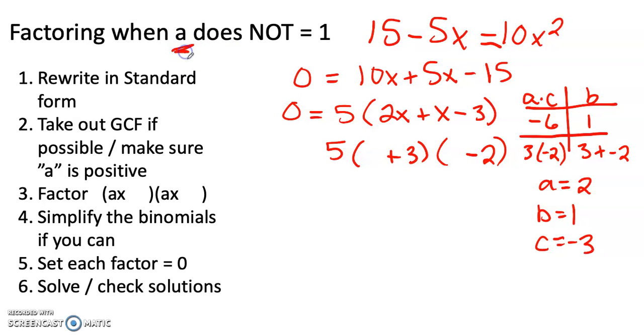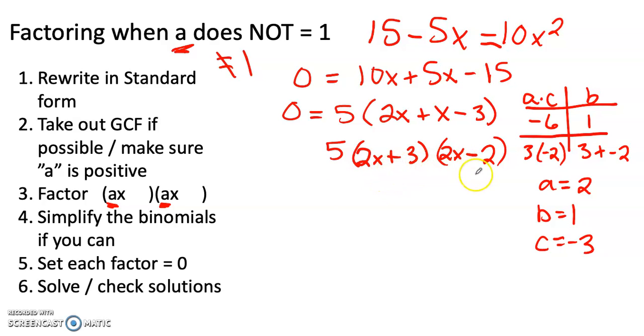When a does not equal 1, it's easier when you factor to keep the a in the binomial and then simplify the binomial if you can. So I'm going to keep a with x when I factor it out. So I'm going to put a 2x here and a 2x here. This is just the way that I find it a little bit easier, okay?